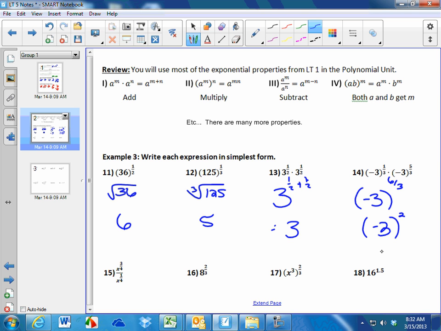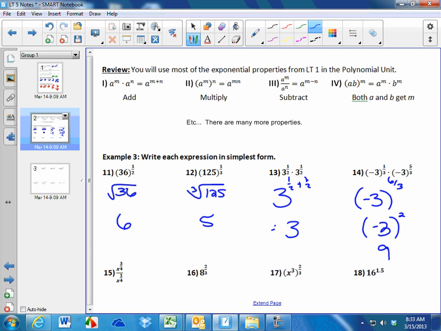Final answer, 9. You got it. You could choose to go with cube roots if you wanted to, okay? But at this time, I'll kind of just give you the general rule of thumb. If the problem starts as exponents, then your final answer needs to be exponents. If the problem starts as a radical, like our learning targets 1 and 2 and 3 and 4, then your answer needs to end with a radical.